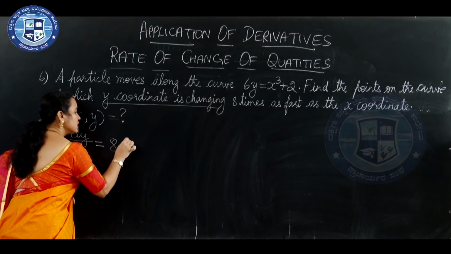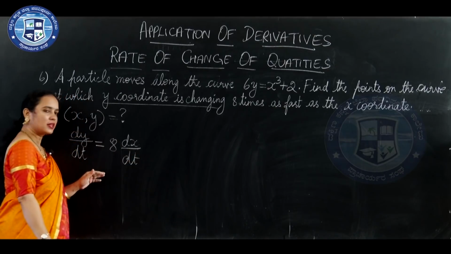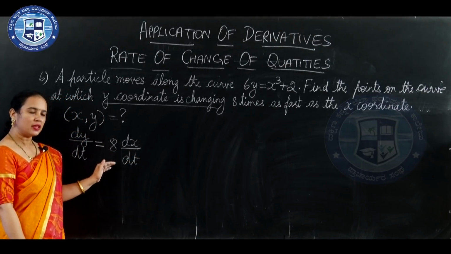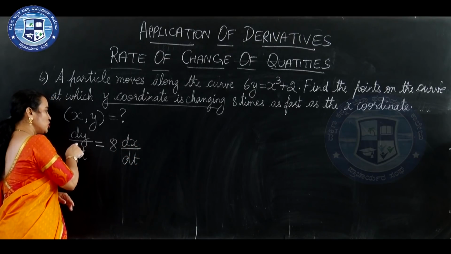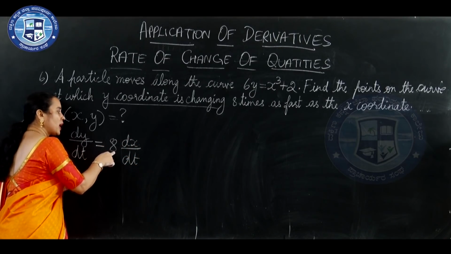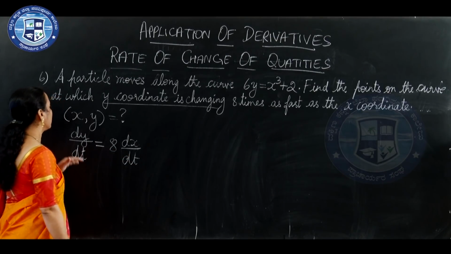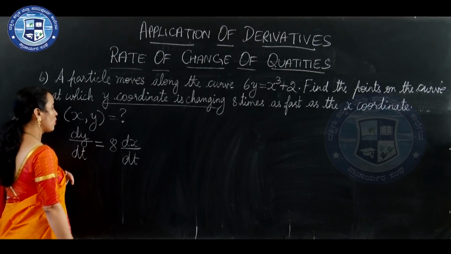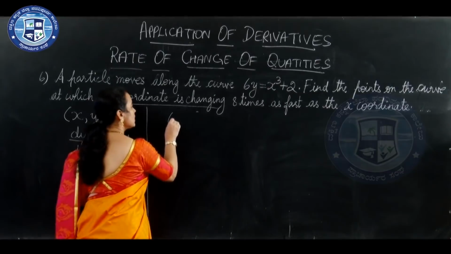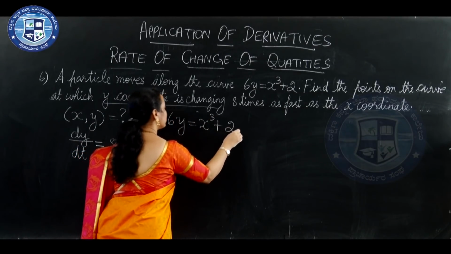So, 8 times the change in x. We write it as dy by dt is equal to 8 into dx by dt. So, change in y is 8 times as fast as change in x. Now, this is given, you have to find the point. Then they have also given 6y is equal to x cube plus 2.